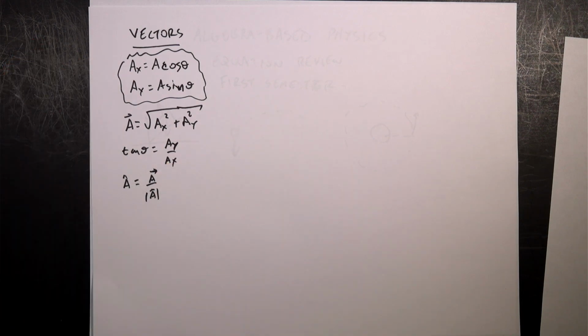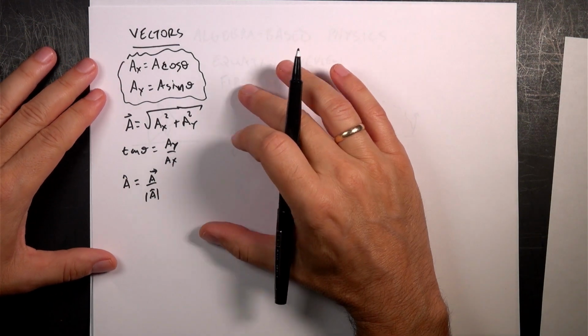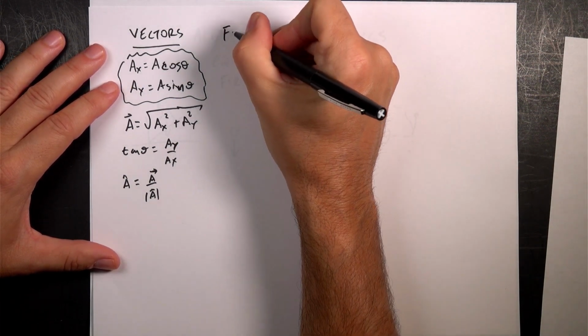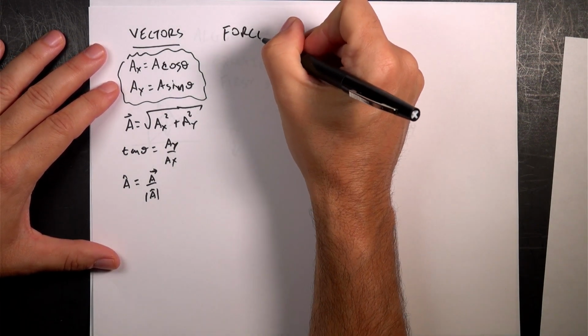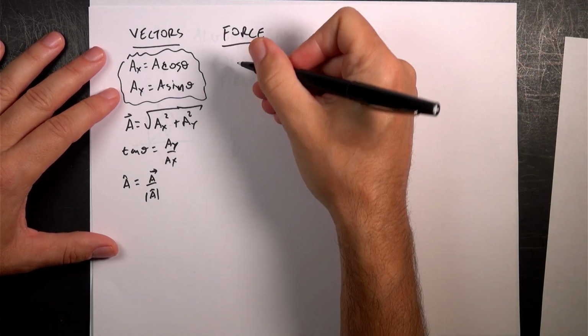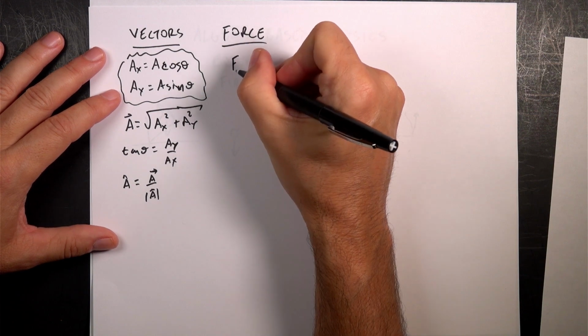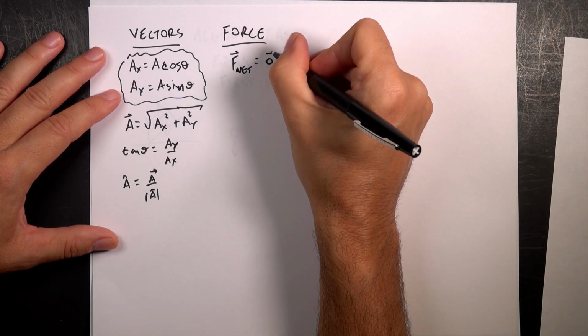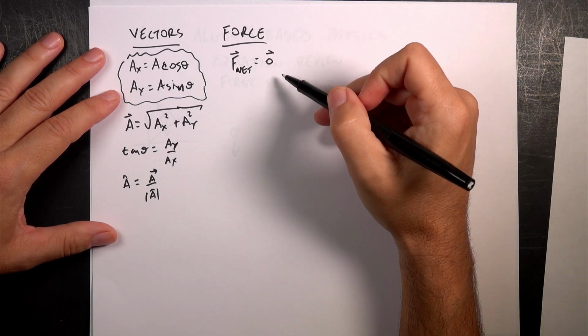Okay, vectors. Now, what we do with vectors is use them to represent forces. So normally you start off with some special force equations. The most important one is in equilibrium. We write F net equals 0, and 0 is a vector.